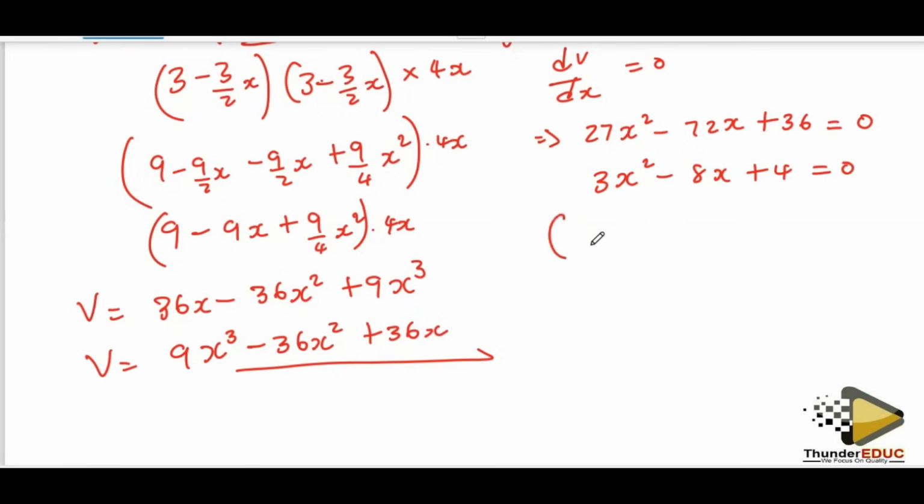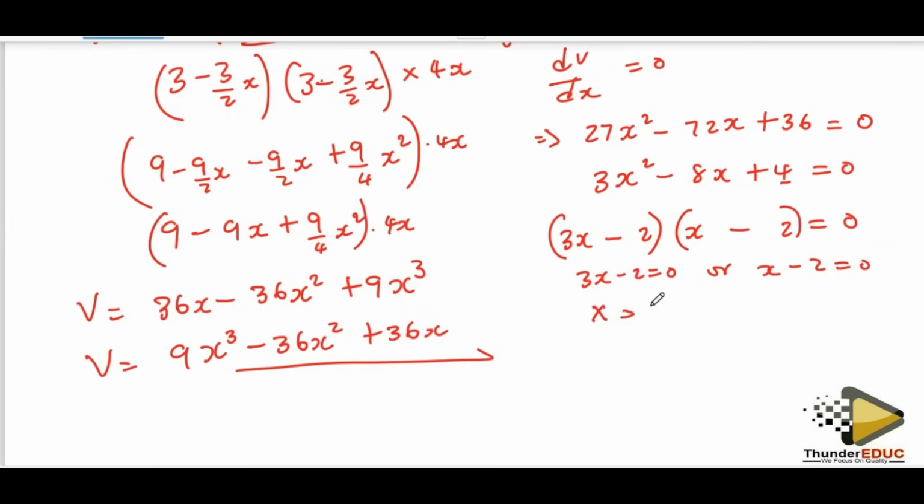Then I can factorise using brackets. To get 4, I can use 2 and 2. Let's see, that is 6 plus 2 is 8. I'll make this a minus so that my product is positive. Which means 3x minus 2 is equal to 0, or x minus 2 is equal to 0. So x here is going to be 2 over 3, and x here is going to be 2.